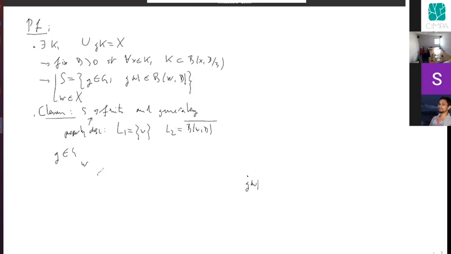For this, I look at the geodesic which joins the two points, and I cut it into pieces so that the distance between consecutive points, which I call xj, is exactly d over 3.